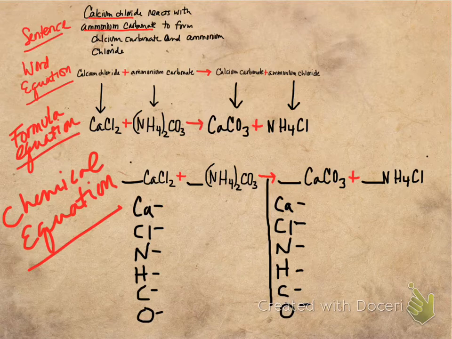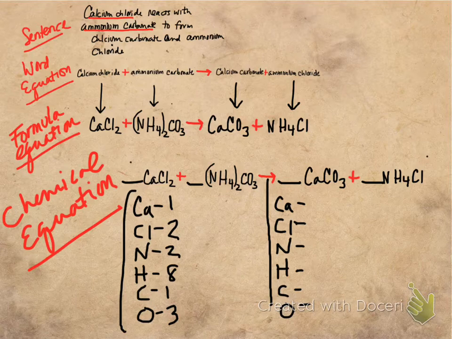A few notes. I realize that the elements do not appear in the same order in the equation on the reactant and product side. Of course, they've been mixed up. But I always list them in the same order for easier visual comparison. So I'll do my tally: 1 calcium, 2 chlorines, 2 nitrogens, 8 hydrogens, 1 carbon, and 3 oxygens to start with.